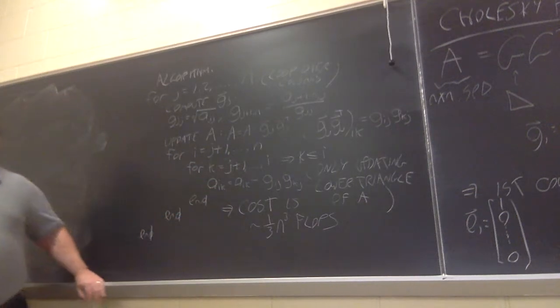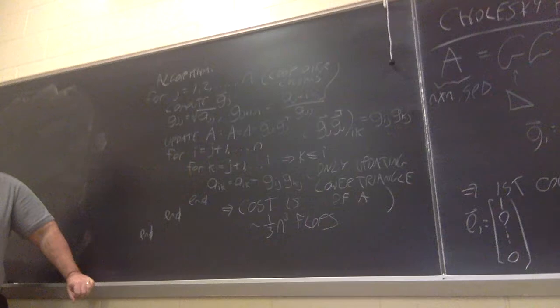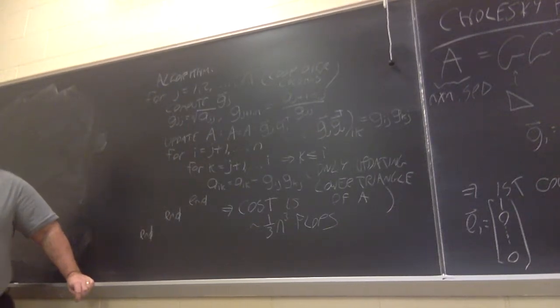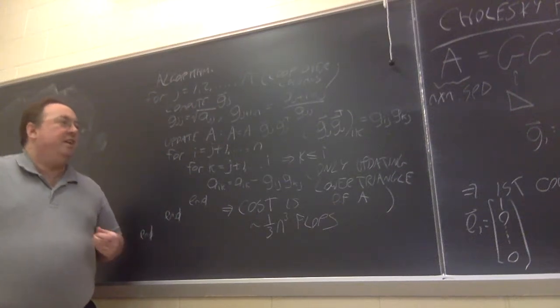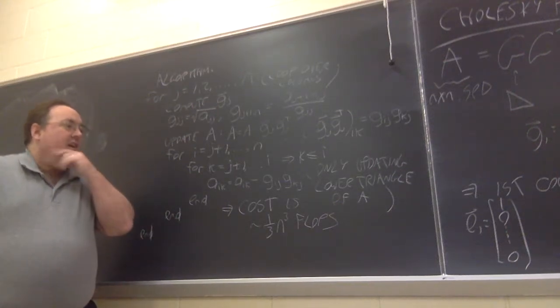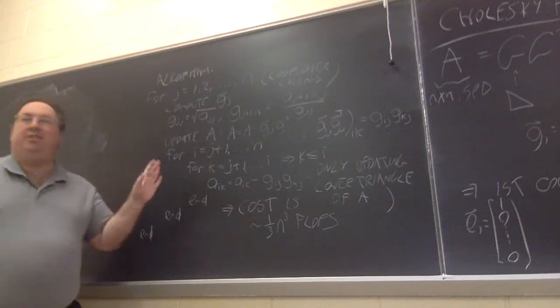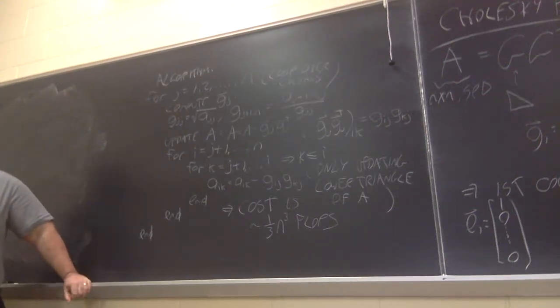That's why if you're solving a symmetric positive definite system, yes, you could use Gaussian elimination, but Cholesky will be twice as fast. So that's why it's normally used in this situation. Any questions about how this algorithm came to be?